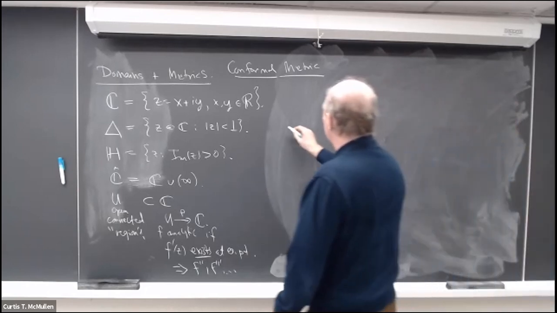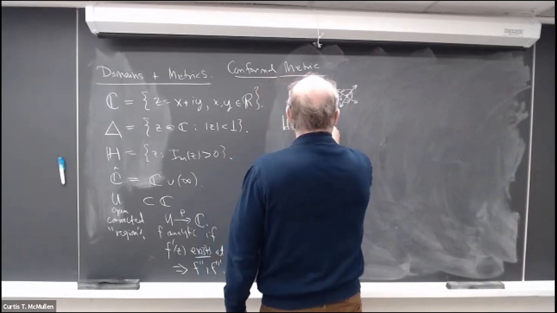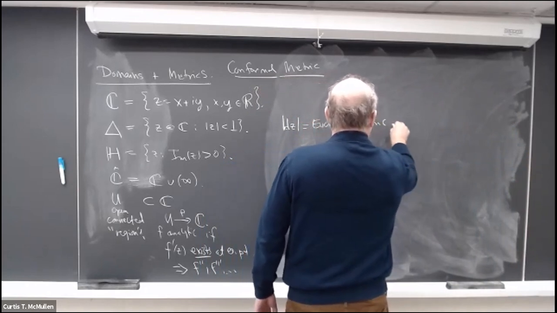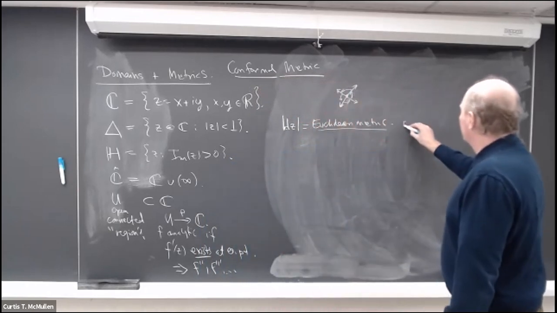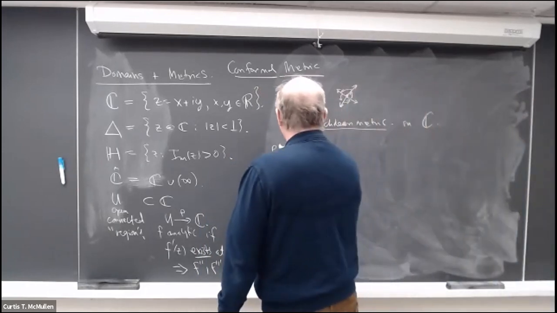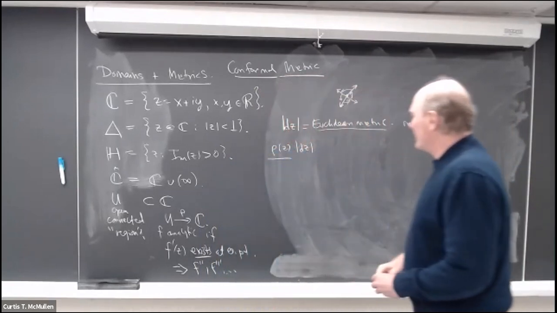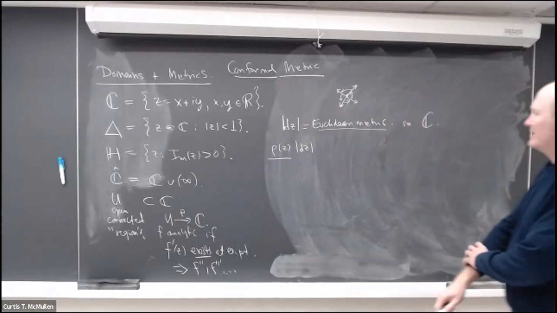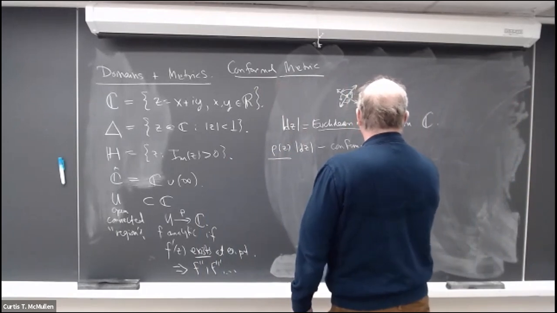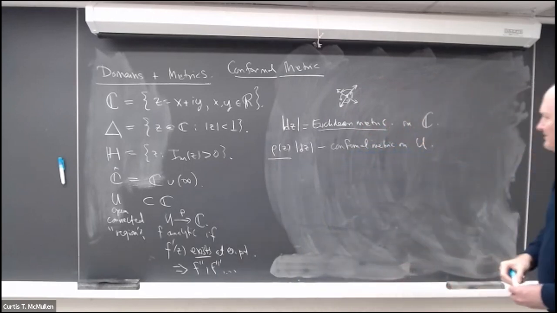So the standard metric on the plane, |dz|, is the Euclidean metric. So it's the usual distance function on the complex plane. And a general conformal metric is given by taking a function, rho, and multiplying it by the Euclidean metric. So this gives another conformal metric on, say, a plane region.